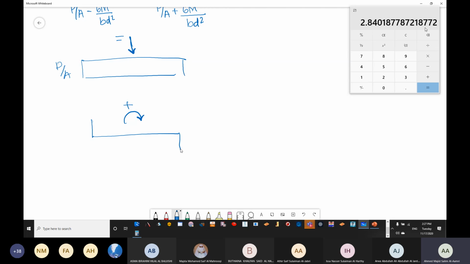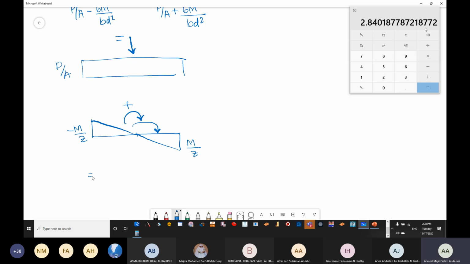This part is going to go down. The moment will try to flip your foundation down from this side, and then it's going to take it up from the other side. So here we have it as plus M over Z, and here we have minus M over Z.